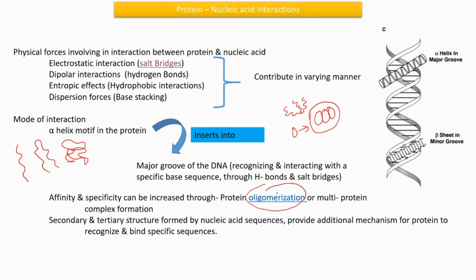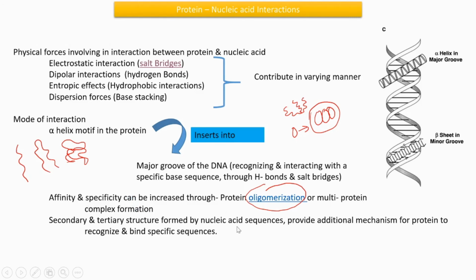So many subunits join to form a big multi-subunit protein. That process actually helps to increase the affinity and specificity of the protein towards the nucleic acid.